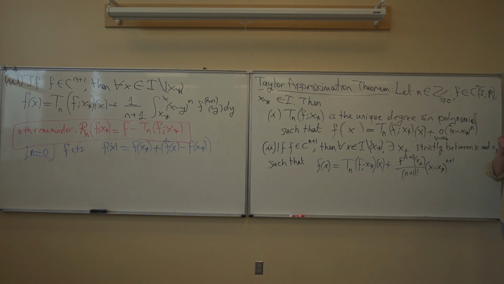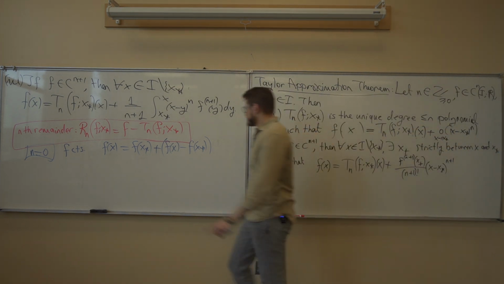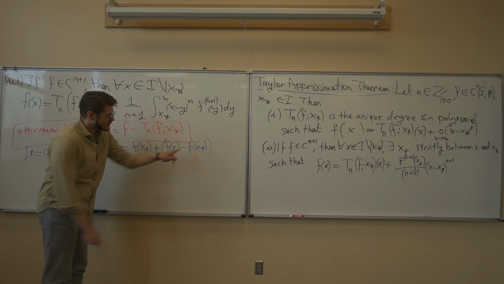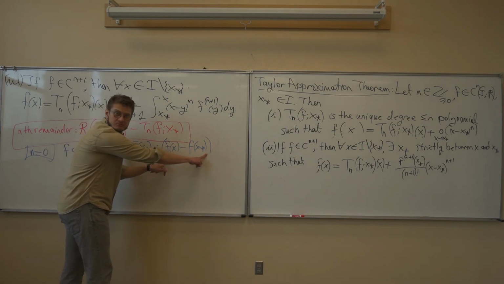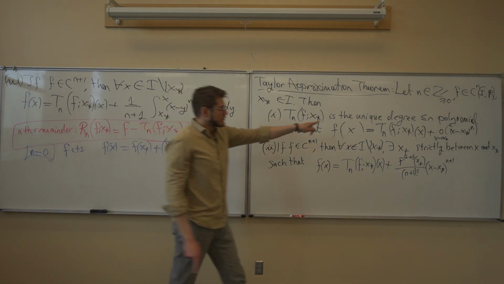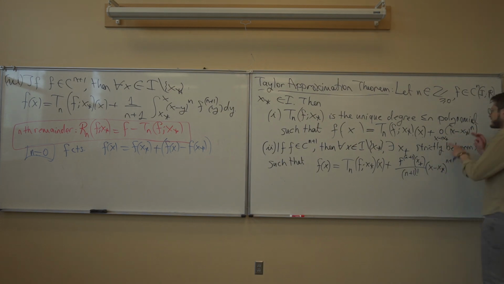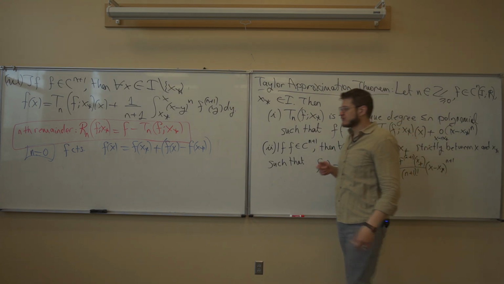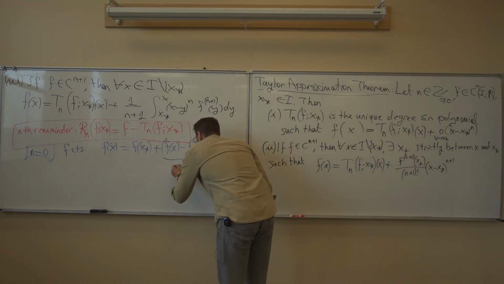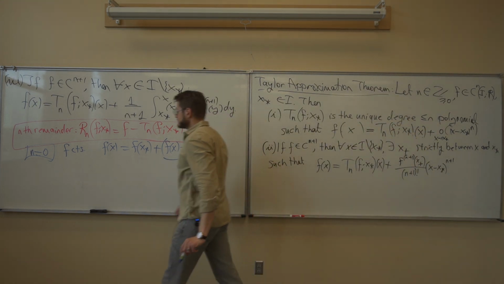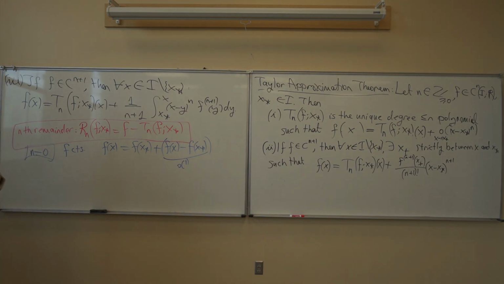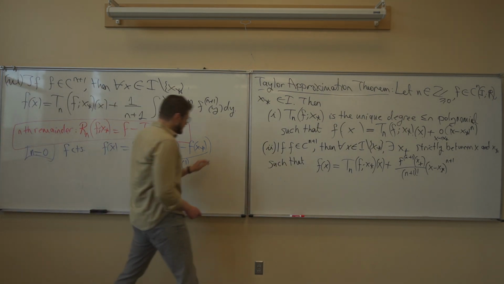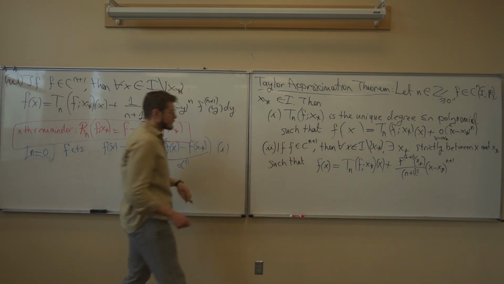And I know that if f is continuous, certainly as x approaches x star, this has to decay. So this is of order 0. Order 0 means little o of 1. It just means that it goes to 0. So that's the content of the first item.